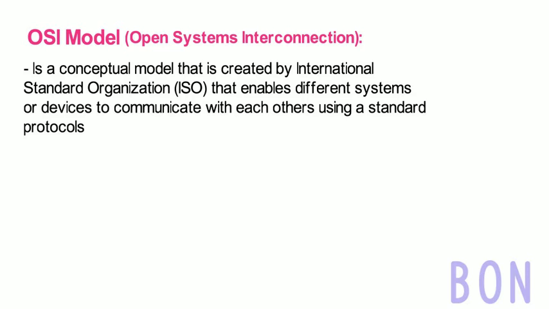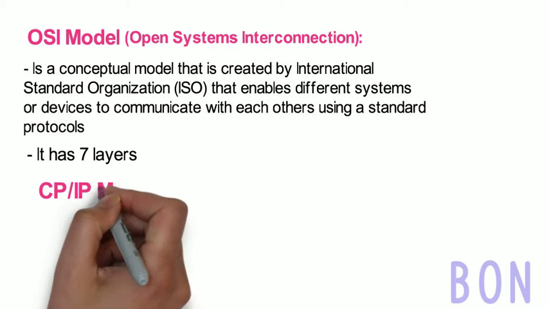It means that each layer in the OSI model needs to use a specific protocol on that specific layer between two or more computers or devices. This OSI model has 7 layers, which we will talk about in this video.